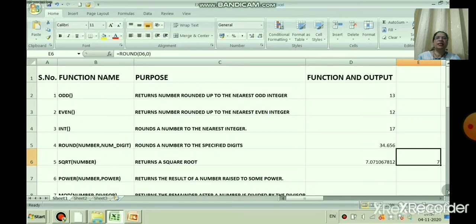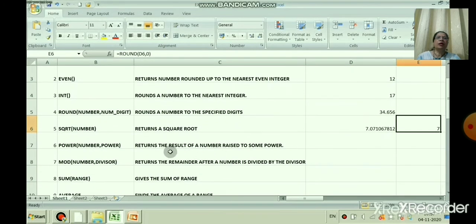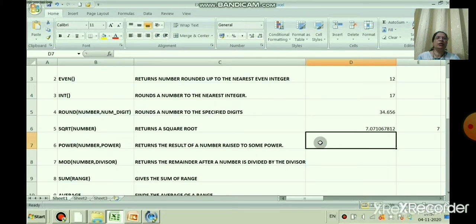Yes. Then now POWER returns the result of a number raised to some power. Okay. Now for example, is equal to again POWER, that is the function, bracket, and here number. Can you see the parameters? Number comma power. So 2 raised to, I will write here 3.